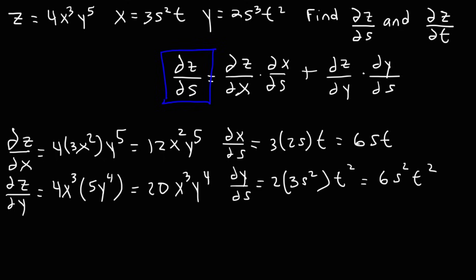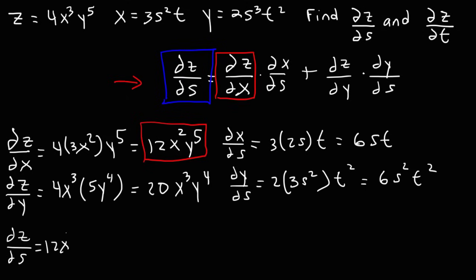So now let's plug in everything into this formula. So the partial derivative of z with respect to s is going to be this part, which is equal to 12x squared y to the 5th. And then that's going to be multiplied by the partial derivative of x with respect to s. So that's 6st.